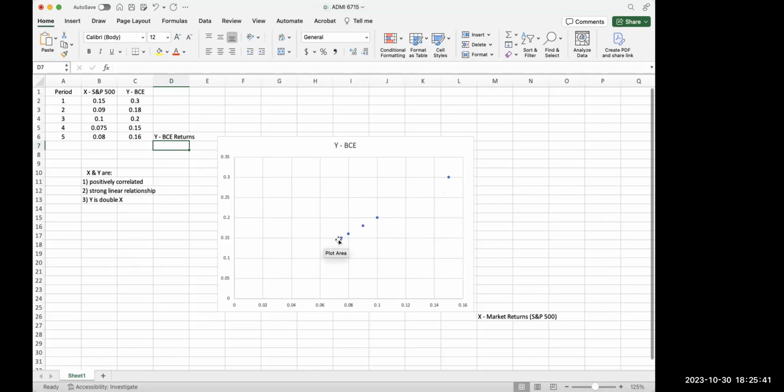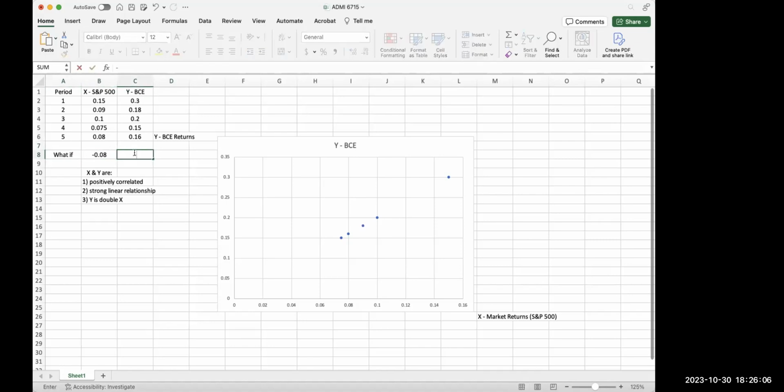For instance, what if I want to make a prediction when the S&P 500 is negative 0.08? What should BCE become? Negative 0.16.